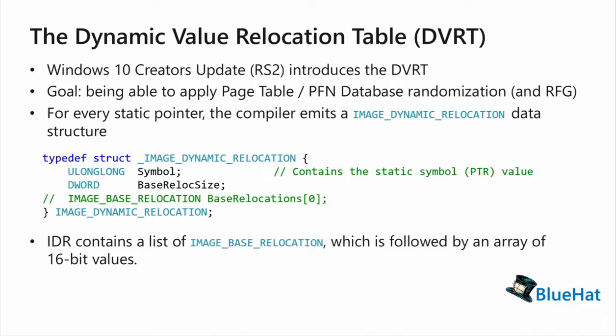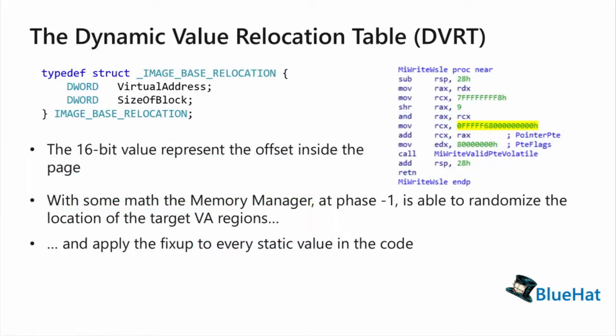First, the pointer; as we can see, pointers in kernel mode have the first 16 bits set to 1, because they start with FFFF. And second, the size of the entire structure, because this structure is followed by an image base relocation. This array of image base relocations describes each page of the binary, followed by 16-bit values that contain the offset.